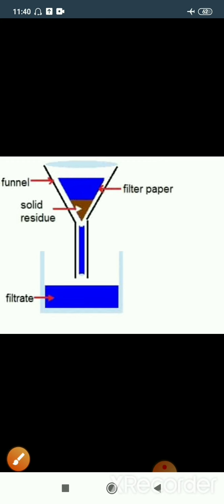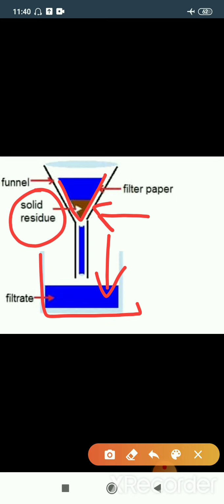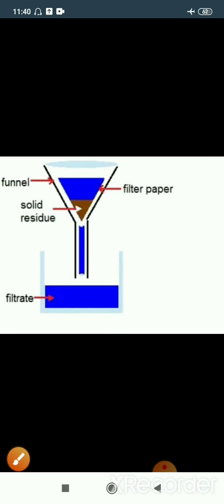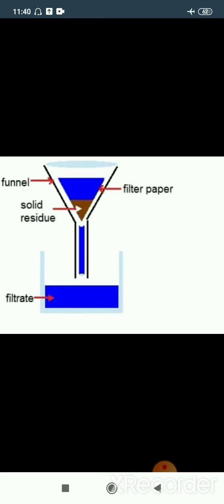Now you can see here some solid residues, that means some solid particles that are insoluble in water, gathered here, and the clear water is transferred from this funnel into this beaker. Now here the water is clean, but the salt is still not separated because it is already dissolved in water, but the solid impurities are all separated.